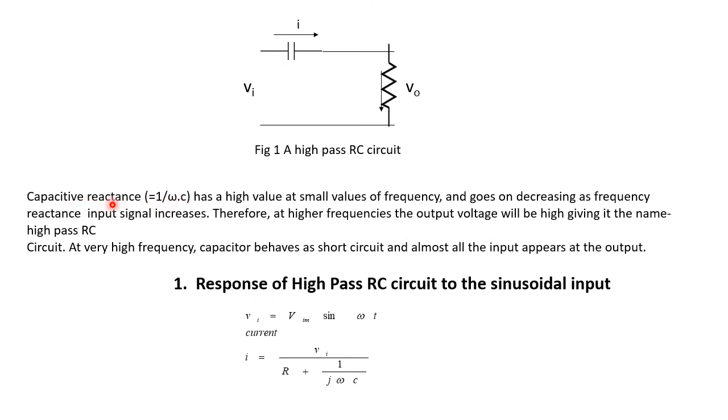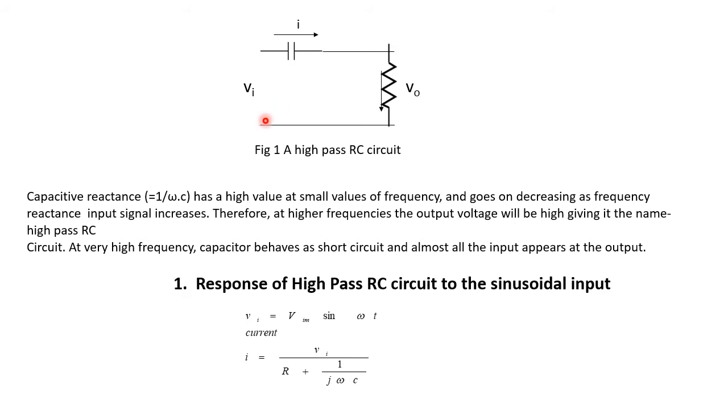So the capacitive reactance will be very high for lower frequencies. In these cases, most of the applied voltage will appear across the capacitor as the potential drop, because the reactance is high. The potential drop across the capacitor will be current multiplied by the capacitive reactance. So if the capacitive reactance is high, then the potential drop will be very high.